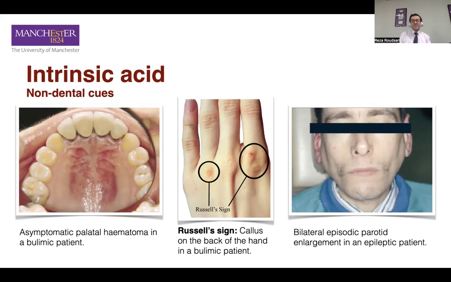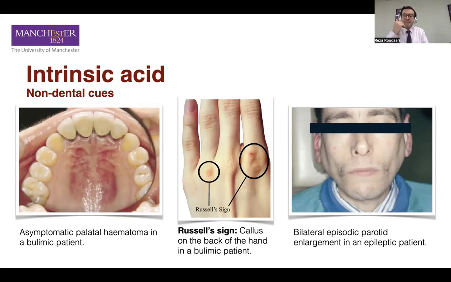The picture in the middle is the hand of a 17-year-old lady, so very petite, and obviously a person you would never expect to have such a rough hand, if that makes sense. This callus formation, usually on the dominant hand, appears when the patient tries to induce vomiting.